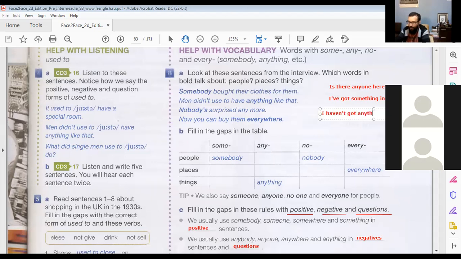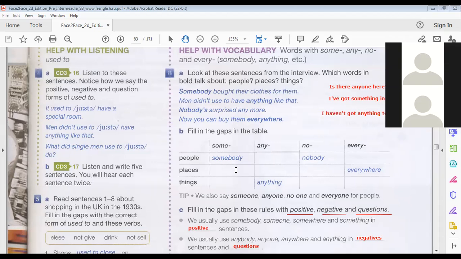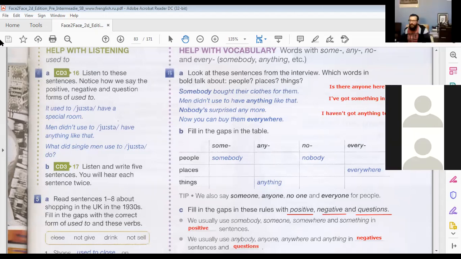Got anything? Can you see this example? I haven't got anything to do. I'm so bored. I haven't got anything to do. This is what every Libyan says. I've got nothing to do. I haven't got anything to do, right? So this is an example of negative. So in negative, you can always use anything or anybody or any of these options. But in positives, we usually use somebody, something, and so on.